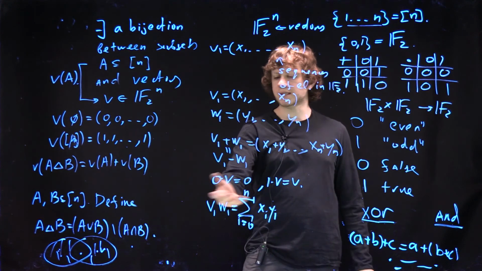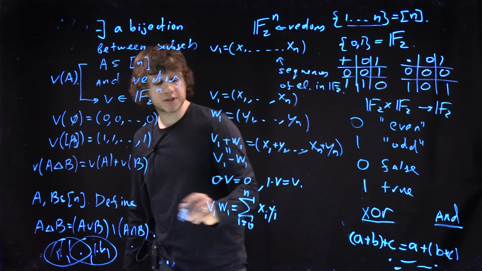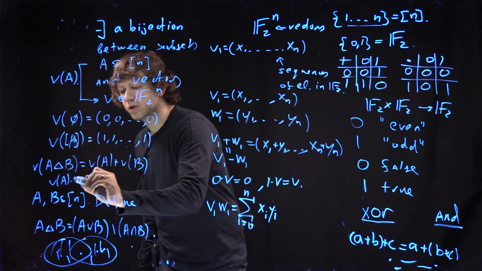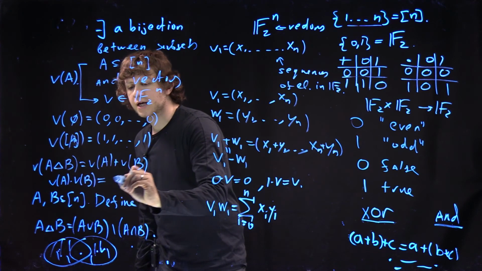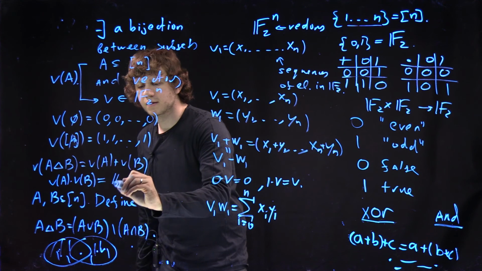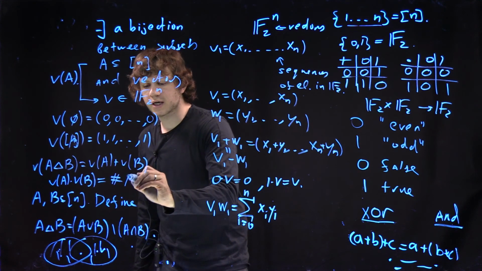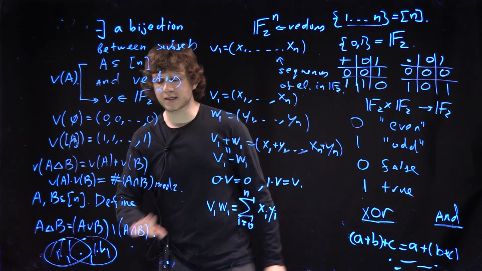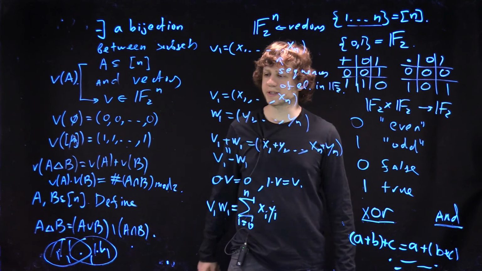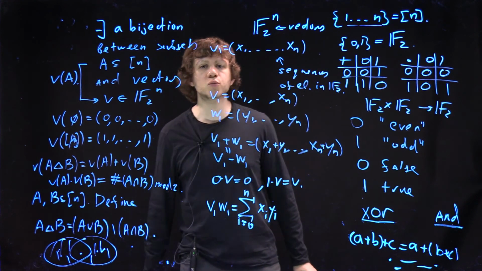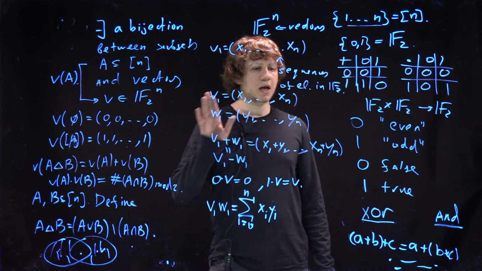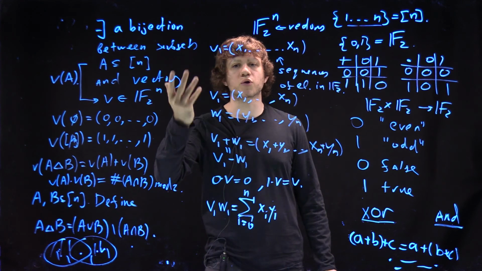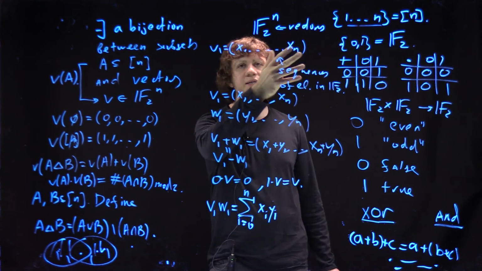Also, one can ask what is a scalar product. For instance, one can ask what is V of A scalar product V of B. And this is actually just the cardinality of the intersection modulo 2, which I leave as an exercise, and maybe later on we will see how one can use it to prove something powerful. So this was just a digression. Let me say that for those of you who have taken some linear algebra, this is a vector space.